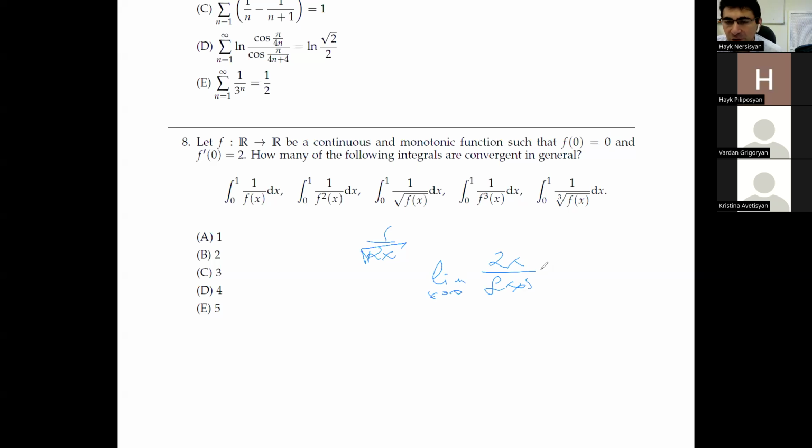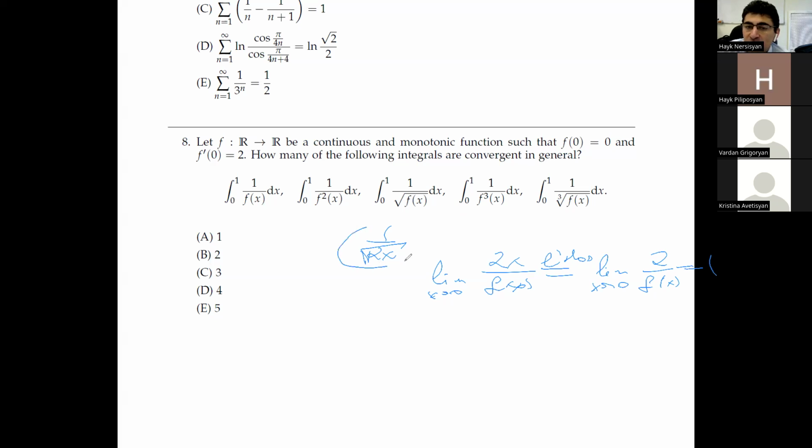The limit can be calculated by L'Hopital's rule. Applying L'Hopital, we get 2 over f prime of x as x goes to 0, and f prime at 0 equals 2. So the limit here is 1, which means we can apply the limit comparison test.